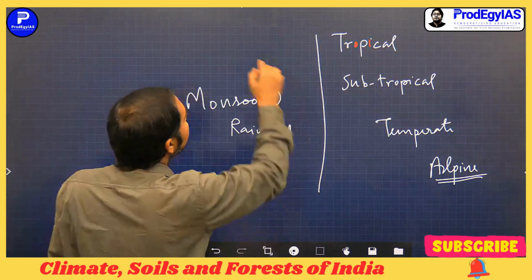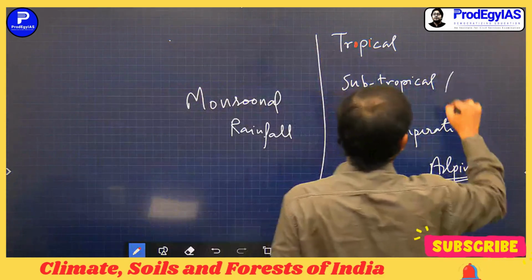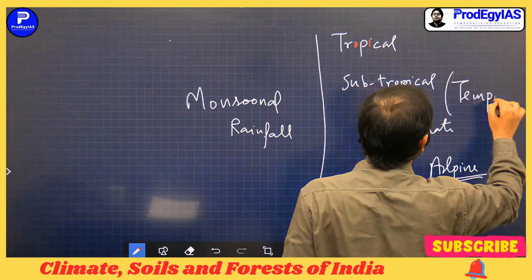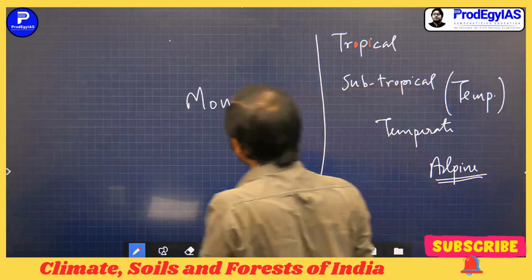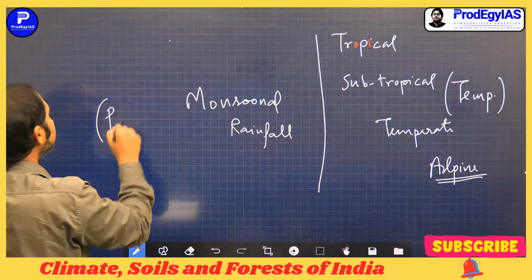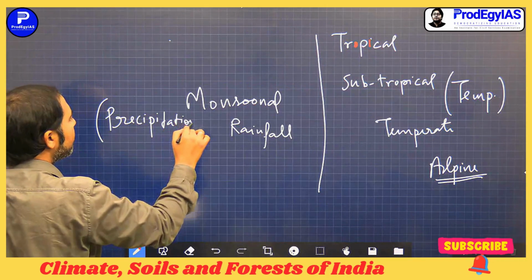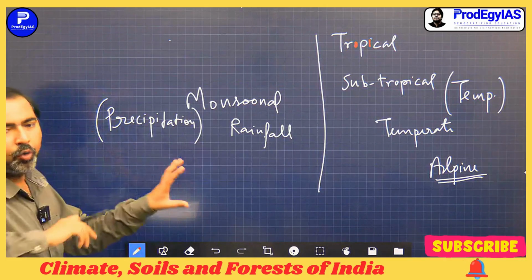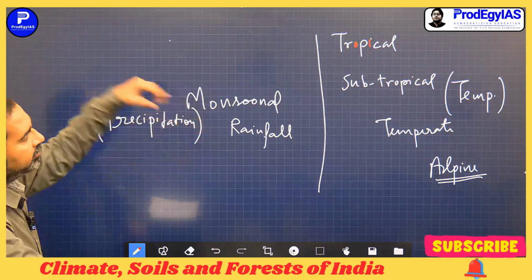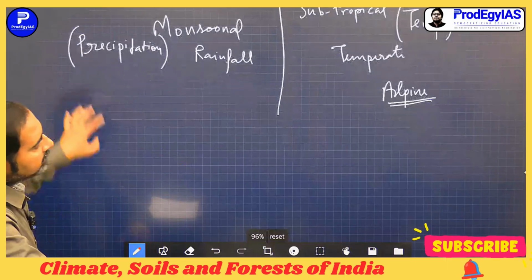They are two. It is largely what? Temperature. It is largely precipitation. There are two factors, right? Temperature and precipitation, which will decide the climate of a region.